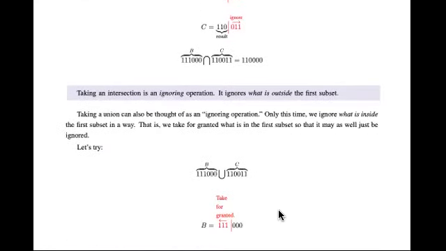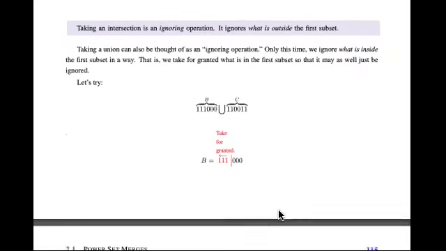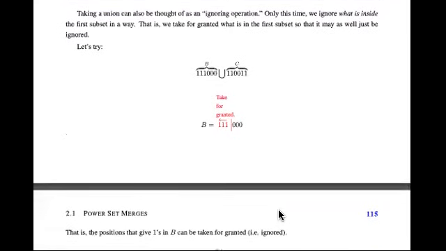All right. Now, union is the same type of idea. It is also kind of like an ignoring operation in some sense. Let's again take this subset B right here as our first guy, and we're going to union onto something else and think about what's going to be happening.